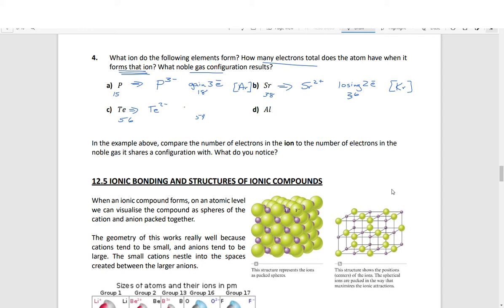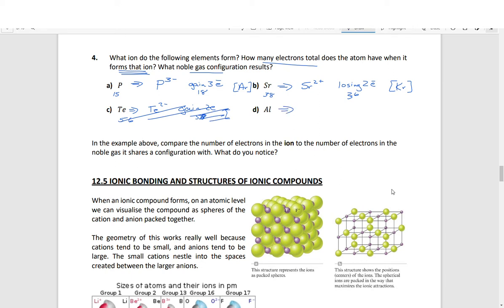Sorry, gains, oh my goodness, 58. I can mess this one all up. So we gain 2 electrons. The noble gas configuration of, why am I doing this one wrong? I have to skip this one. In class, I'll get it right. In the video, I'm not going to get that one right.